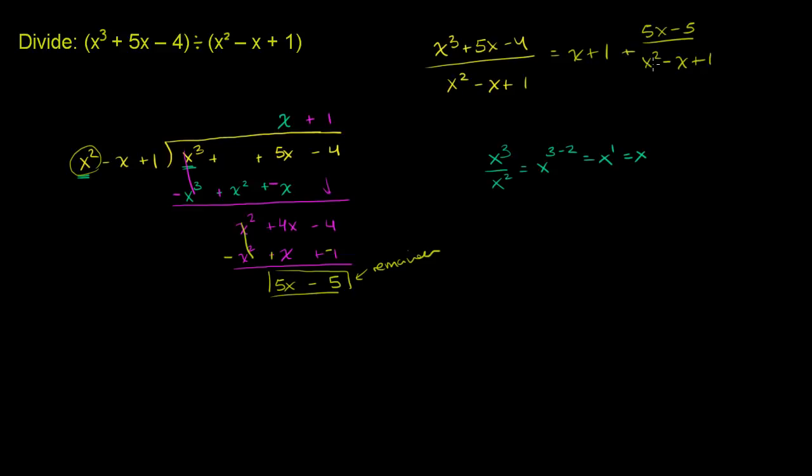If this was divisible, we could keep dividing, but it's not. It's now a lower degree than this down here. So we could say it's x plus 1 plus whatever this remainder is divided by this thing over here. So our answer, I'm going to write it one more time. It's x plus 1 plus 5x minus 5 over x squared minus x plus 1.